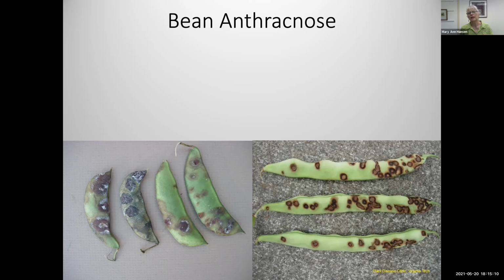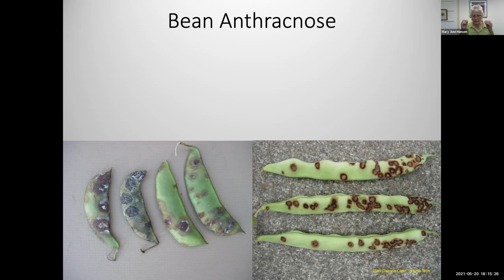So there are anthracnose diseases of bean, of tomato, of dogwood, of lots of different kinds of plants, and they're not necessarily all the same species. So I just wanted to clarify that.